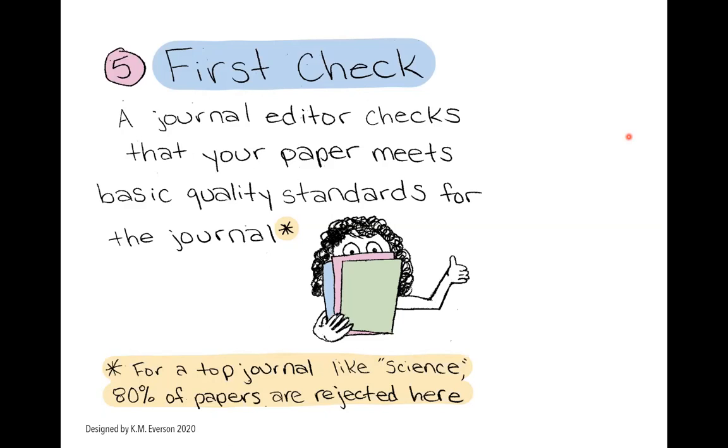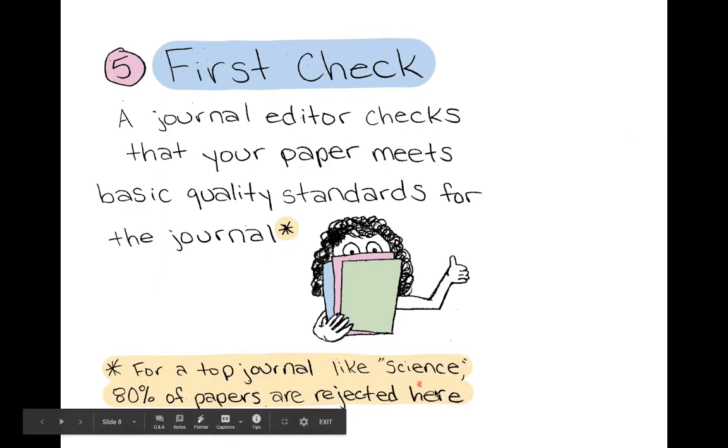So like in my case, the Journal of Virology has a higher impact factor than Virology Journal. So you submit to Journal of Virology, and they either say, yeah, that's great, we'll put it into peer review, or they'll say, I think this would be more appropriate for Virology Journal. Okay.